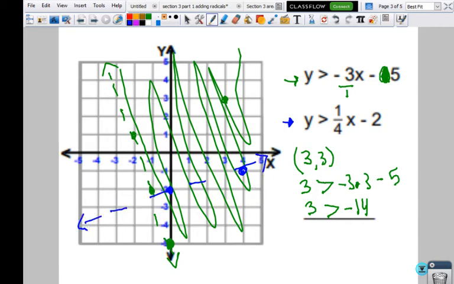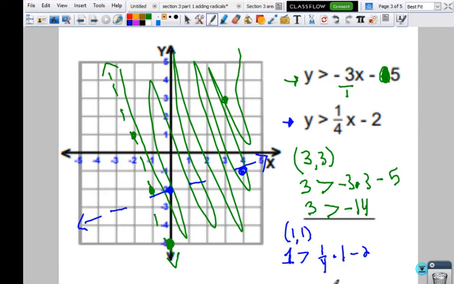Like that. Alright, what point do you want to pick? One's a good one. So we're going to plug 1 in. So 1 is greater than 1 over 4 times 1 minus 2.